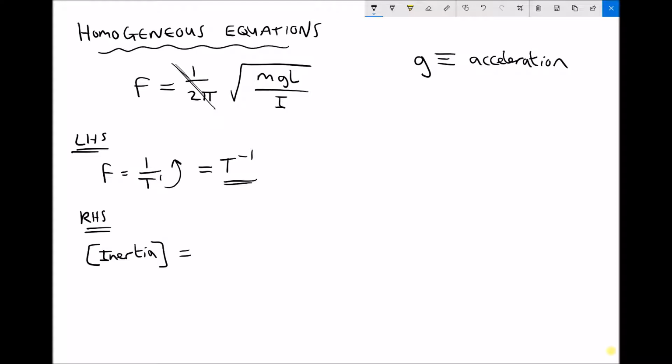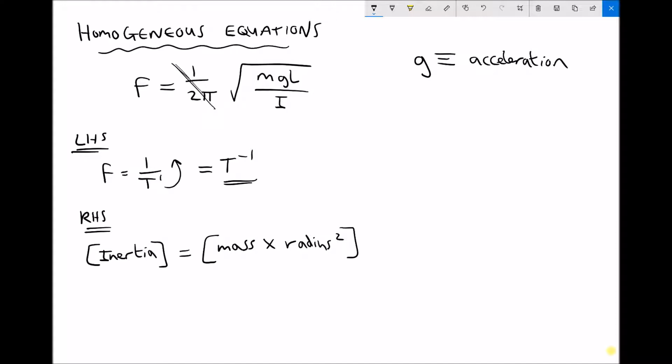And inertia is best represented by the equation mr squared, mass times radius squared. You'll see different variants of this inertia equation depending on the object, but the dimensions are always going to be the same. So you might see an inertia equation, a half mr squared.